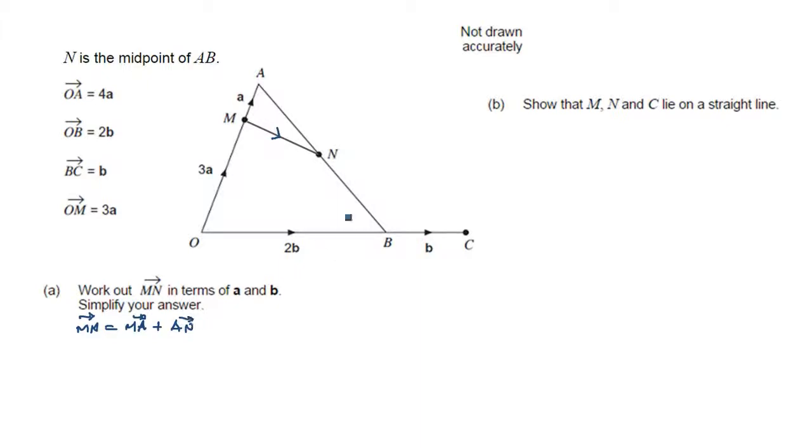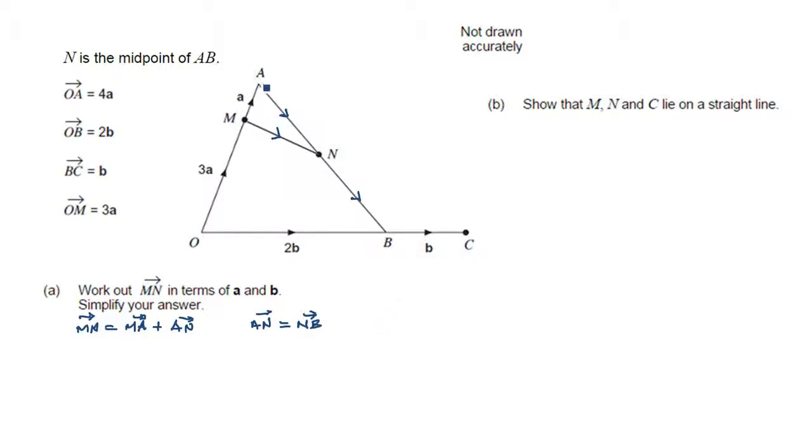Now we haven't got a vector A to N, so we're going to overlay a vector on our diagram. If this is A to N and N is a midpoint, then A to N is going to be equal to N to B. So that indicates that N is a midpoint.